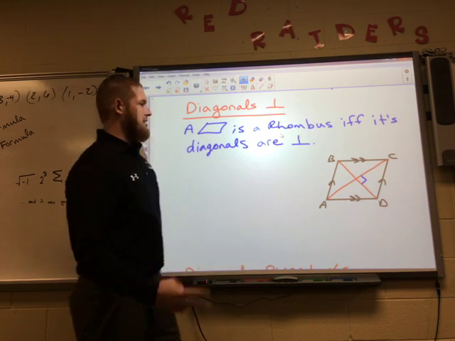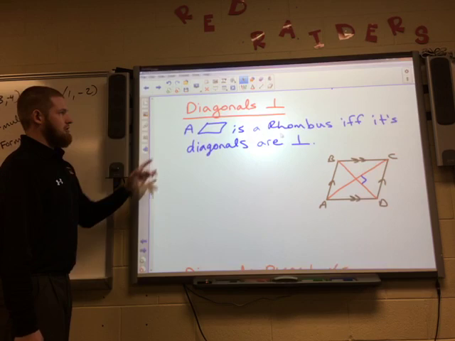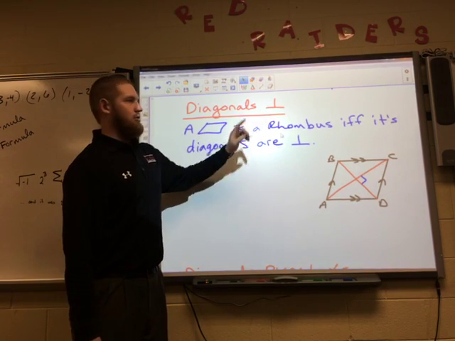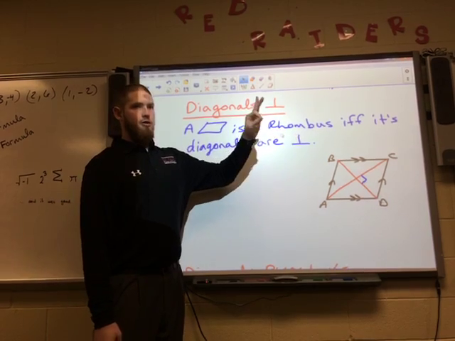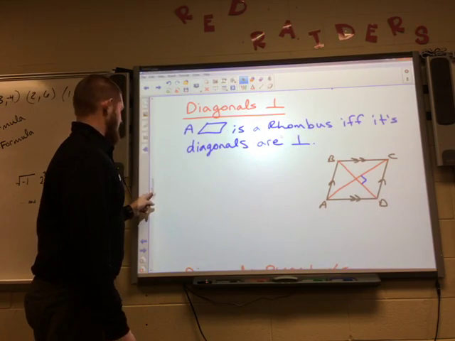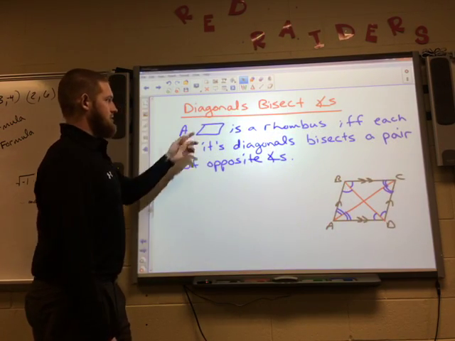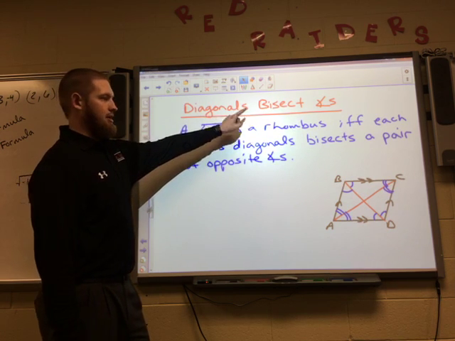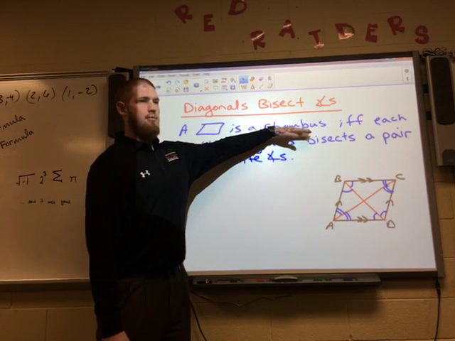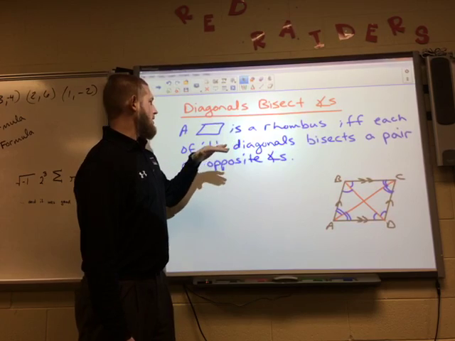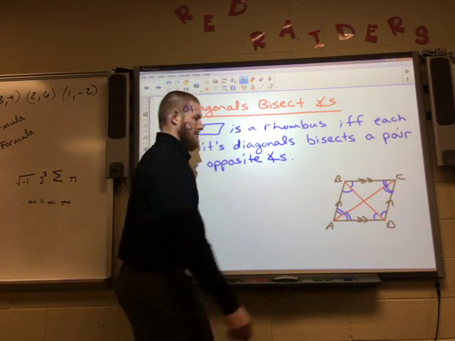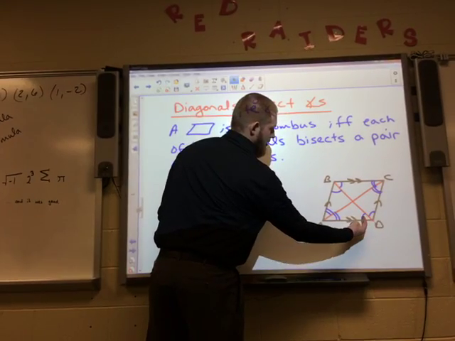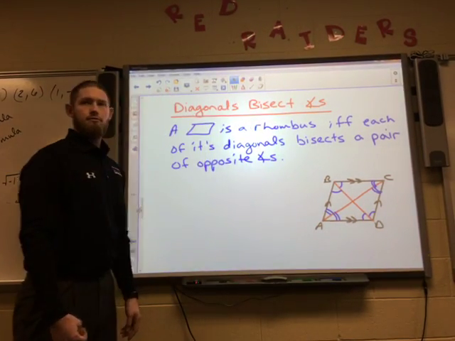So your second step on that proof should have been diagonals perpendicular, stating that it was a rhombus. Your third step, then, would say diagonals bisect angles, because once I know it's a rhombus, then I know that each diagonal bisects a pair of opposite angles, meaning that that angle must be congruent to that angle, correct?